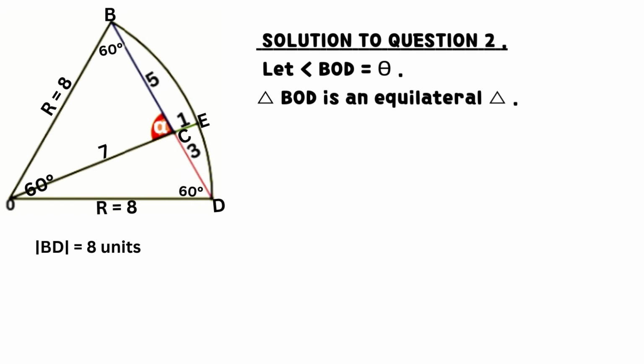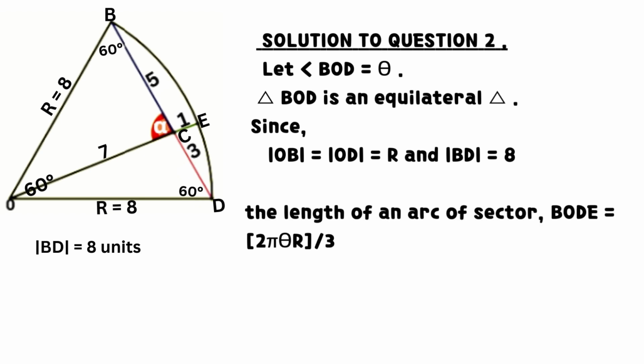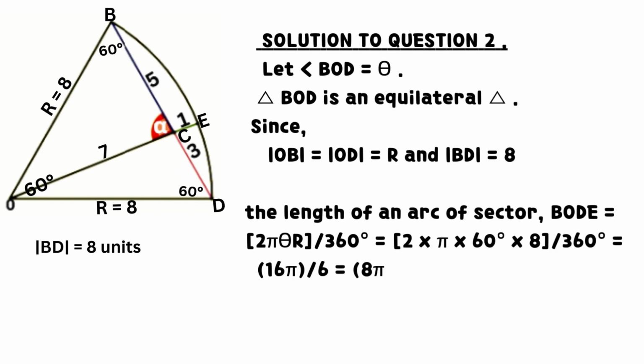Solution to question 2. Let angle BOD be equal to theta. Triangle BOD is an equilateral triangle since line OB equals line OD, which equals R, and line BD equals 8 units.